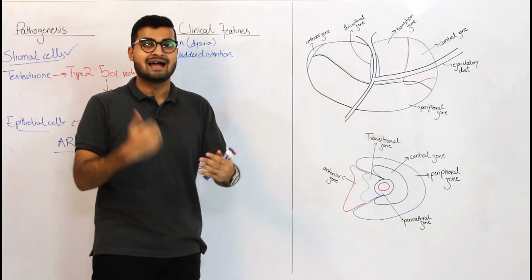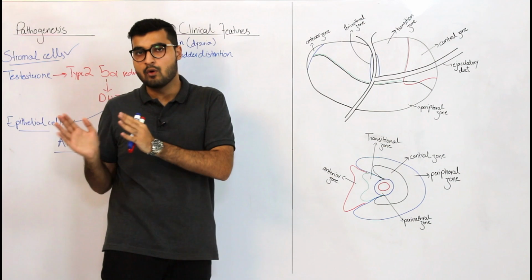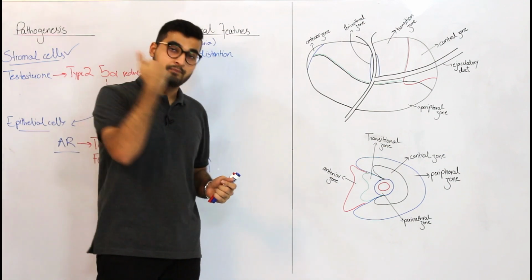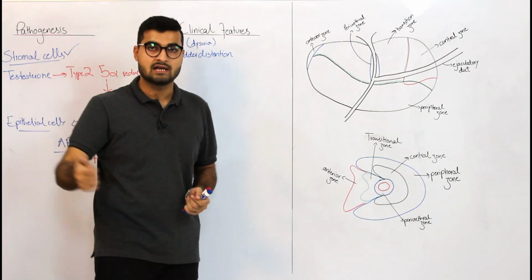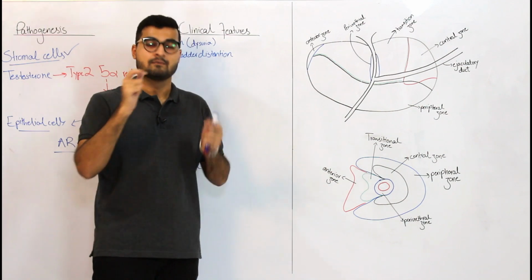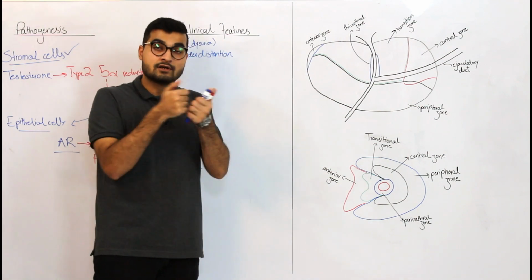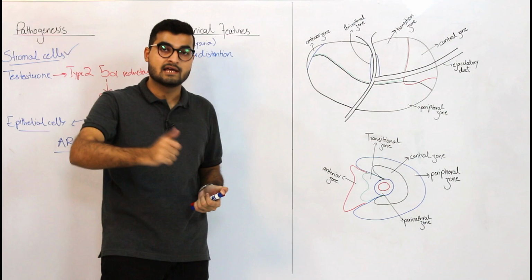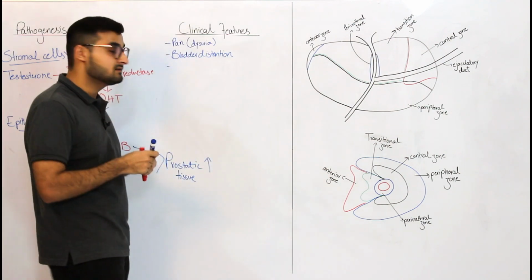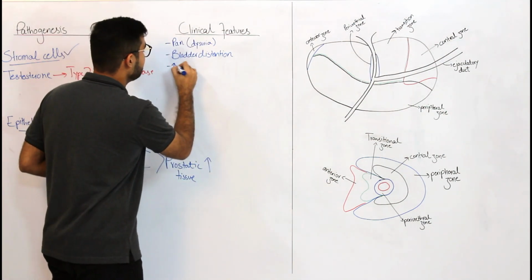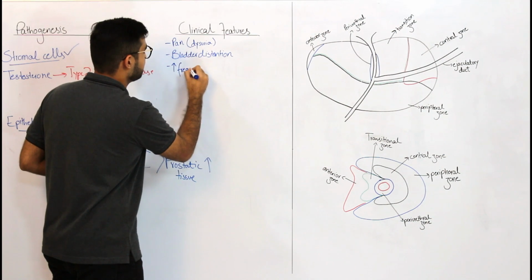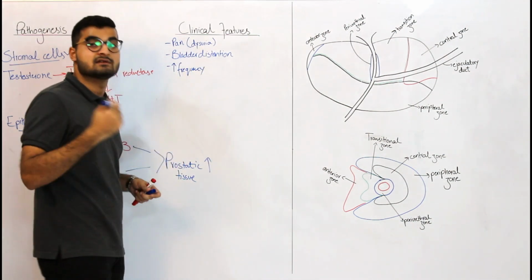I mean, that makes sense. A normal person is going to go once and empty their bladder. A patient with BPH will have to go multiple times, urinate in small amounts because they can't urinate fully. So what would they have? They will have increased frequency. Their frequency of micturition is going to increase.